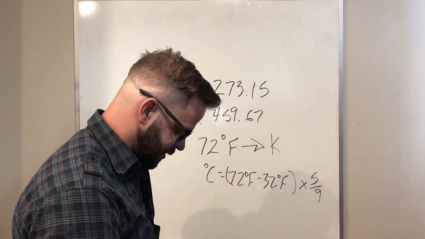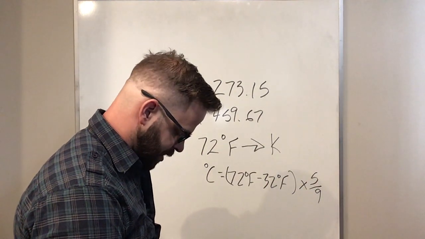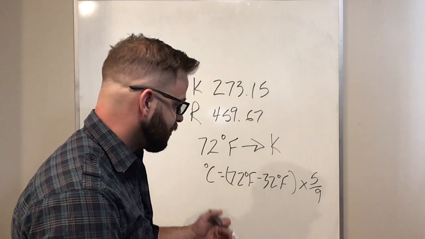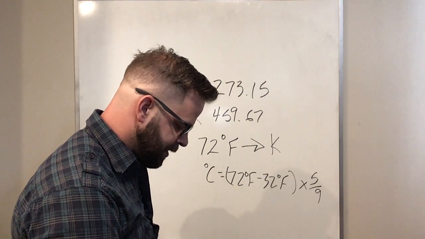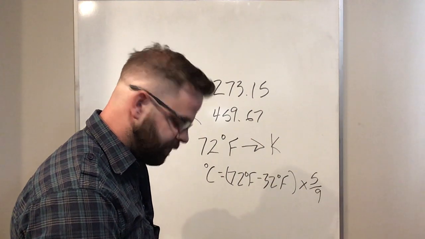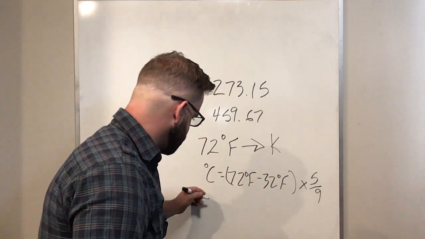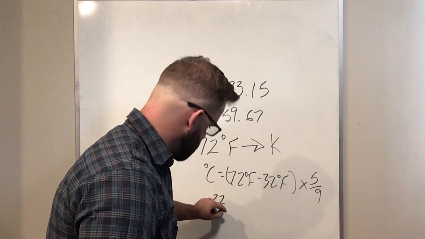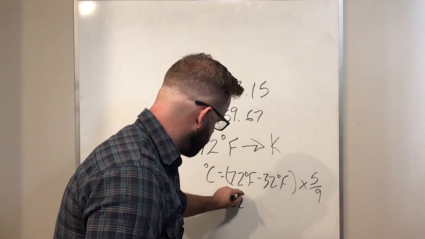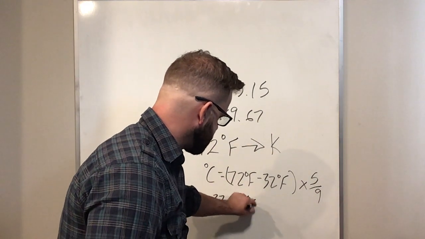So we get 72, subtract 32, gives you a value of 40, and multiply that by 5/9, and we get a value of 22.22 repeating. So this is equal to 22.22 repeating degrees Celsius.